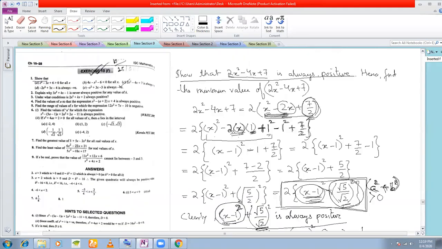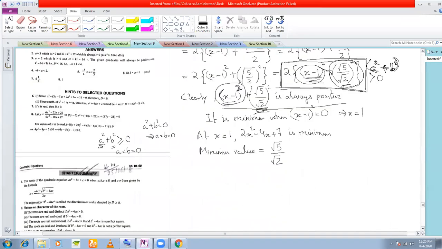And the next question was to find the minimum value. Now, if x minus 1 whole square is always positive, then the minimum value occurs when x minus 1 whole square is equal to 0. That means when x is equal to 1. And at x is equal to 1, what is the minimum value? See, at x is equal to 1, this part vanishes, this part becomes 0. You are left with only this part. So the minimum value is 5.